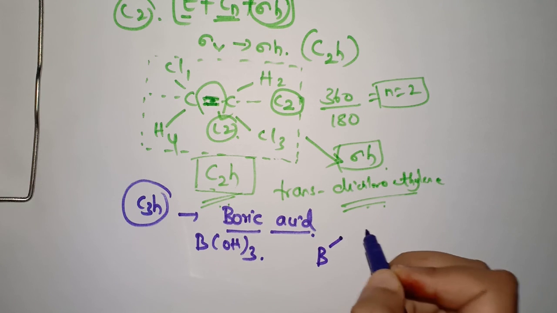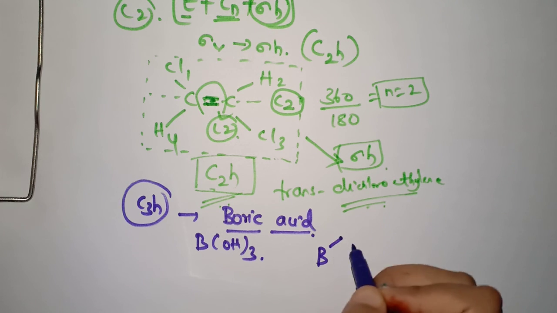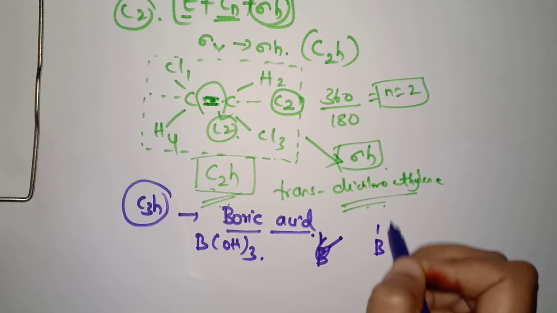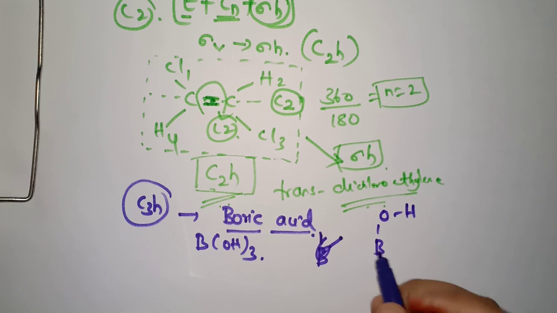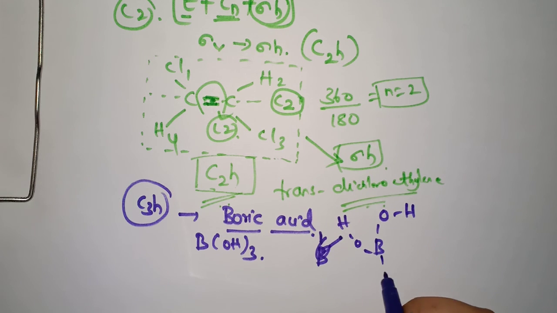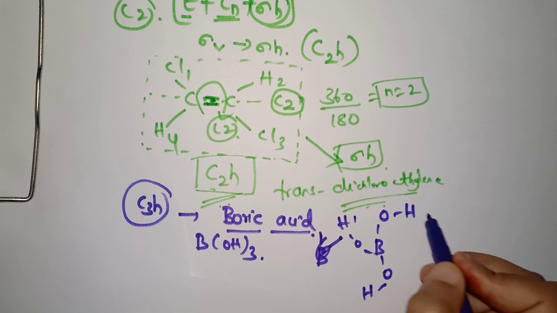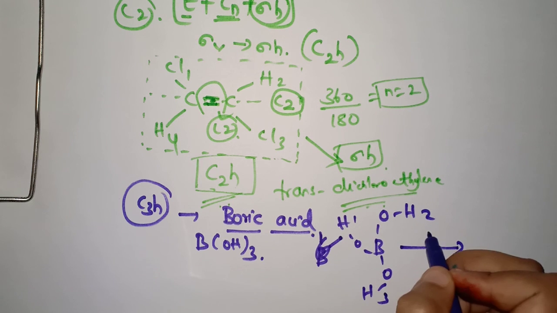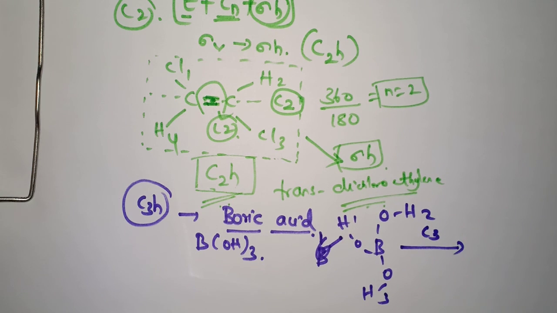Let's write the structure of this: OH, OH, and OH. Let's label them 1, 2, 3. By performing C3 operations, that means rotating by 120 degrees three times, we get the original configuration. C3 operations are present in this.